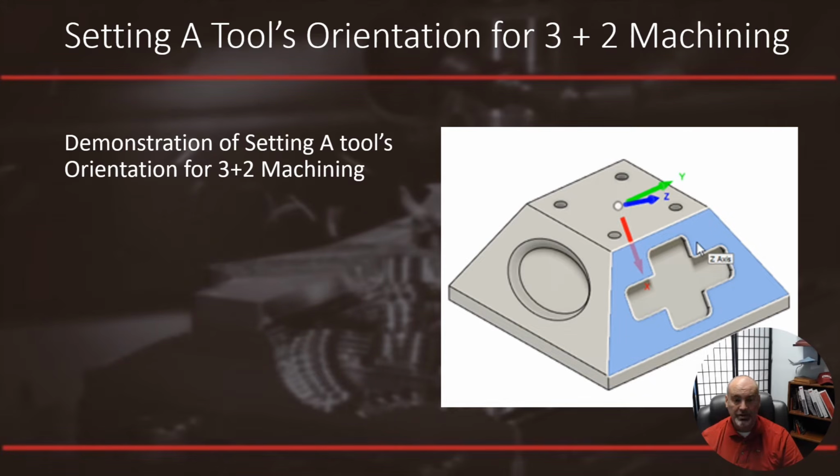All right, we're going to transition into a Fusion demo. We're going to take this part that's part of the standard tutorial package that comes with Fusion 360, and we're going to set the tool orientation for a 3+2 move to cut the pocket of the plus symbol you see on this part in the image.